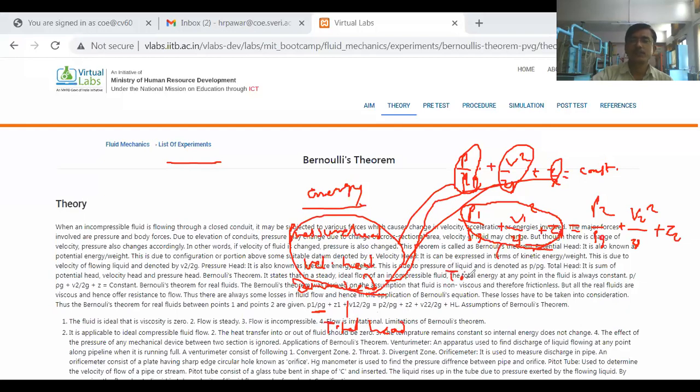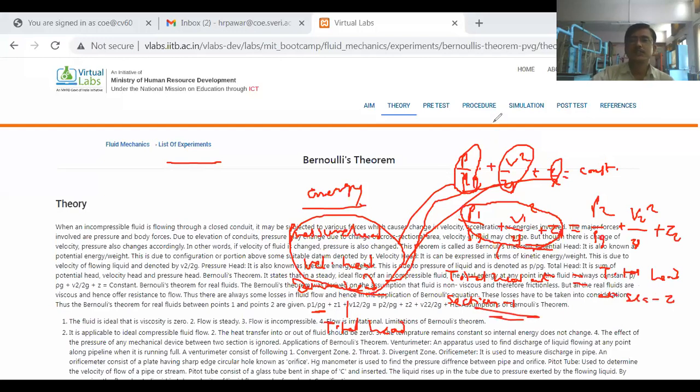The summation of all these heads is nothing but the total head at section 1. It is equal to the total head at section 2. Right.